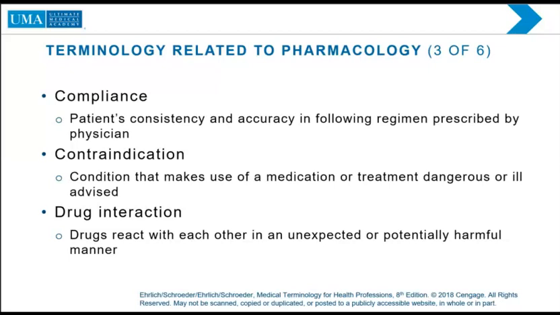Compliance is a patient's consistency and accuracy in following the regimen prescribed by the physician. Contraindication is a condition that makes use of medication or treatment dangerous or ill-advised. Drug interaction. Drugs react with each other in an unexpected or potentially harmful manner.